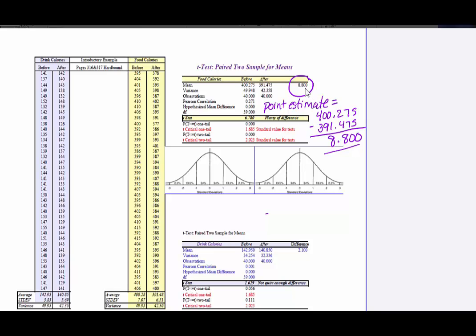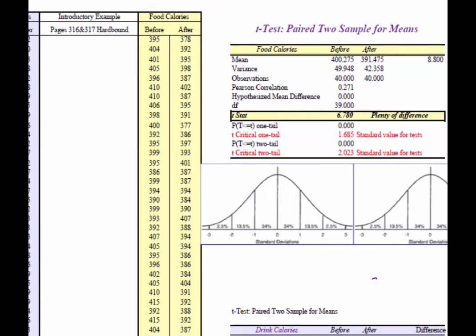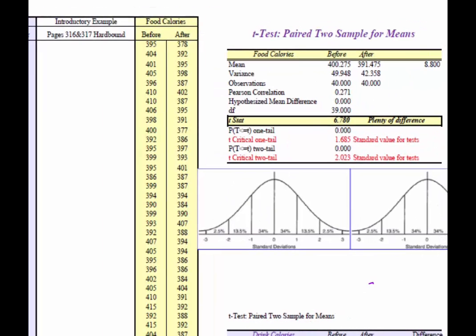So we know that the difference between the two means is 8.80. So we know that the hypothesized difference between the two groups is about 8.8, and so we have that reflected right here. I switched over here to my iPad so I could talk you through this.